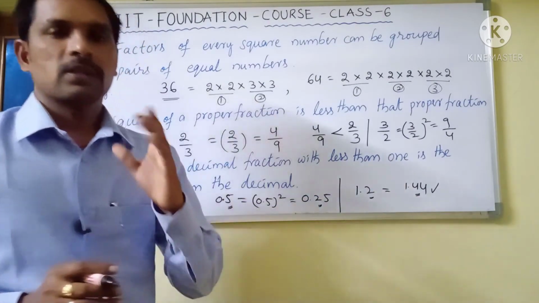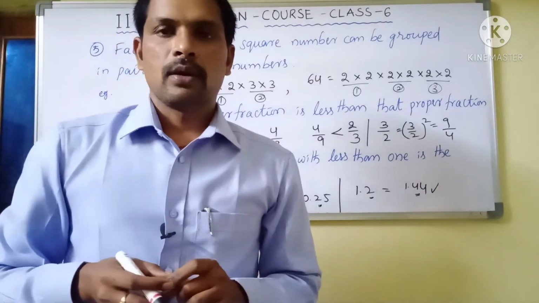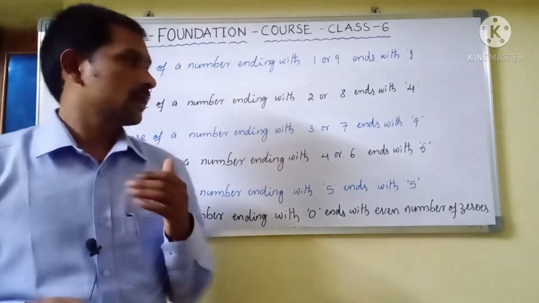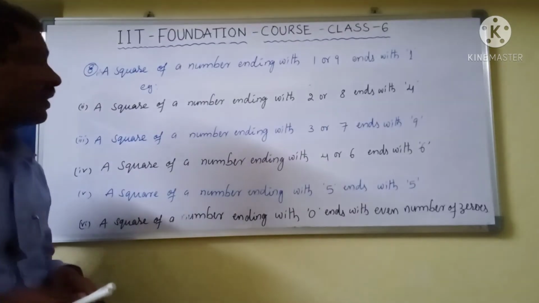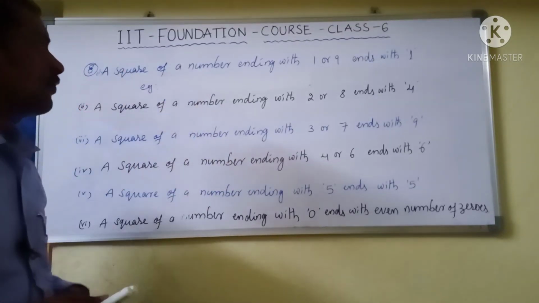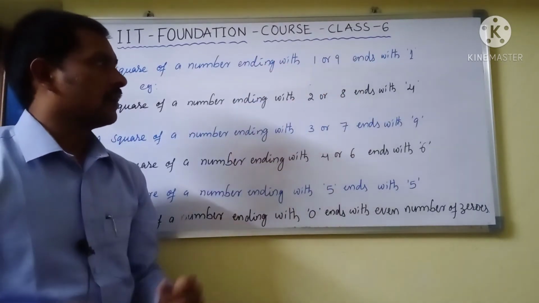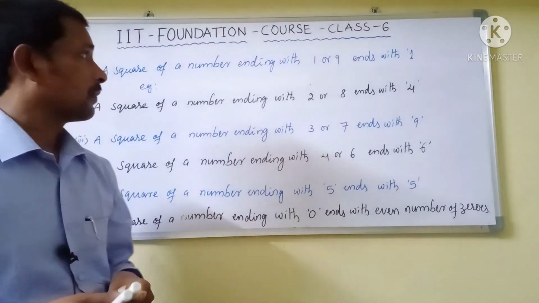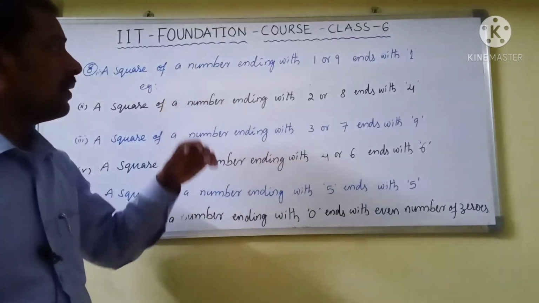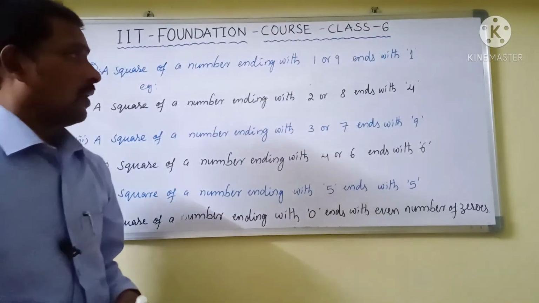Okay now. There are still a few more properties that we are going to discuss. Now we will discuss the 8th property. In that, first one: the square of a number ending with 1 or 9 ends with 1.